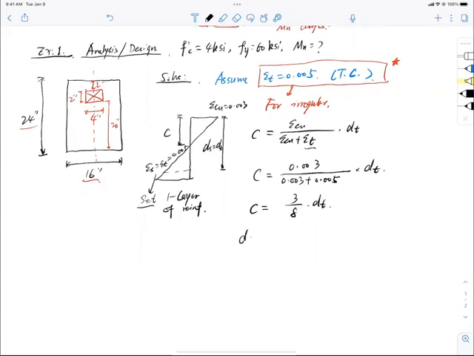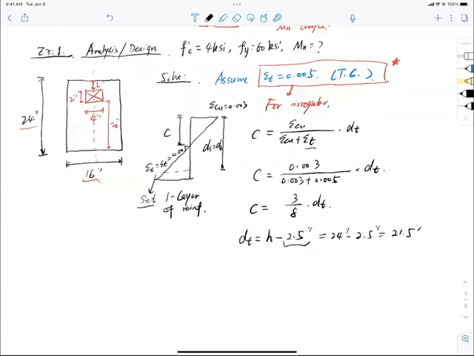Now, dt should equal h minus 2.5. Actually, if I use 2.5, is this 2 layers? No, this is actually 1 layer, correct? One layer, 2.5. So I have 24 inches minus 2.5 inches, so that is 21.5 inches for dt.